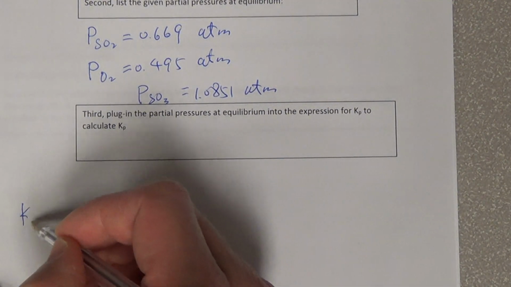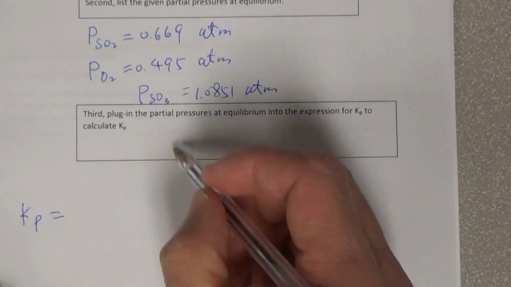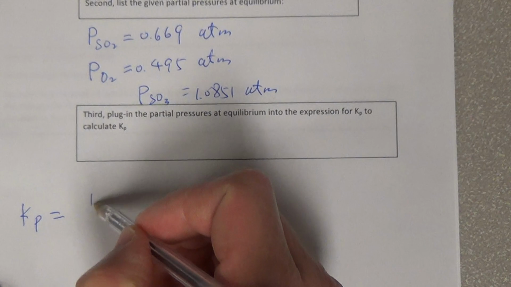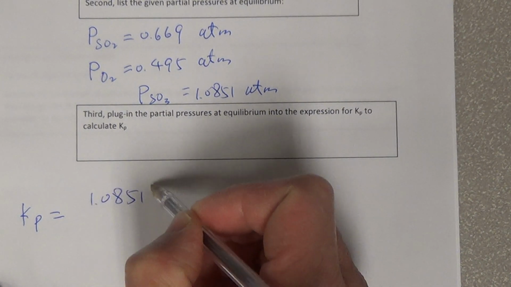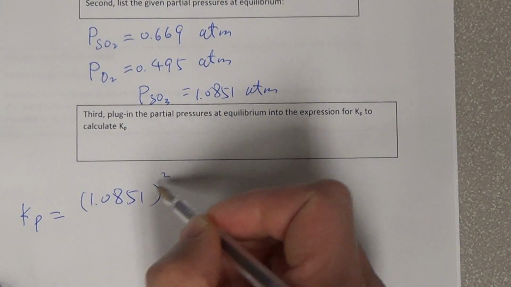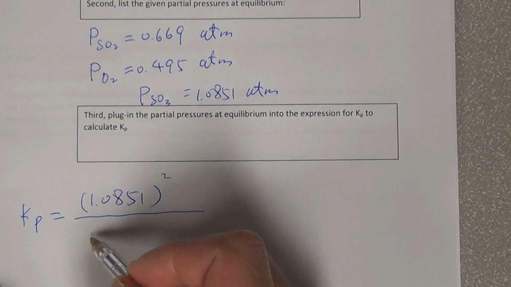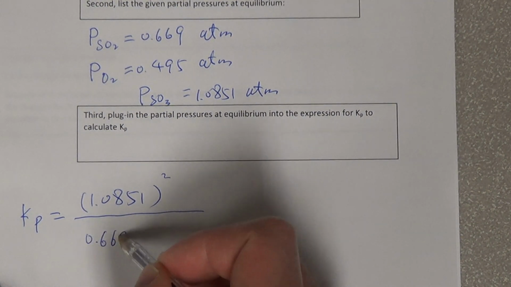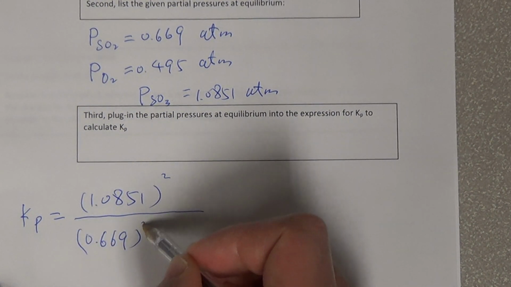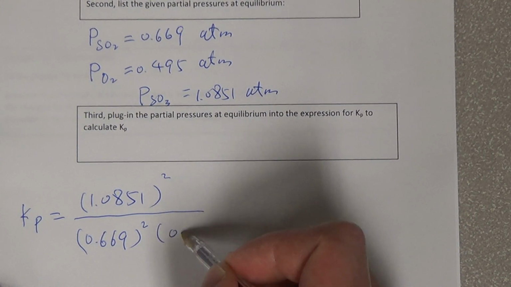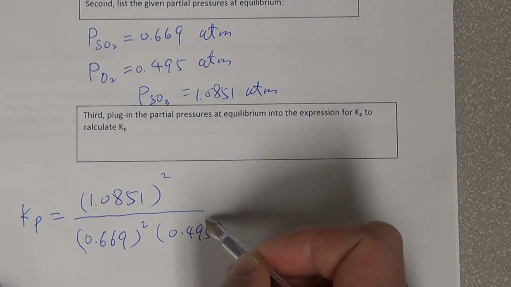Once we have the list, we just plug those numbers into the equation for Kp. So Kp equals the partial pressure for SO3, 1.0851, raised to the second power. And then we have 0.669 for SO2 raised to the second power, then 0.495 for O2.